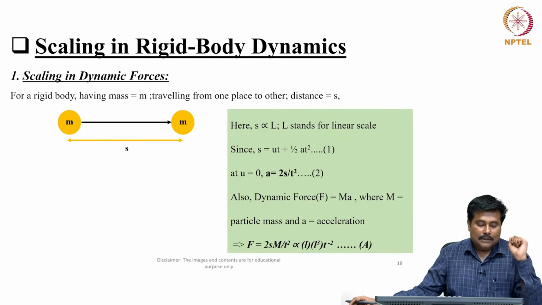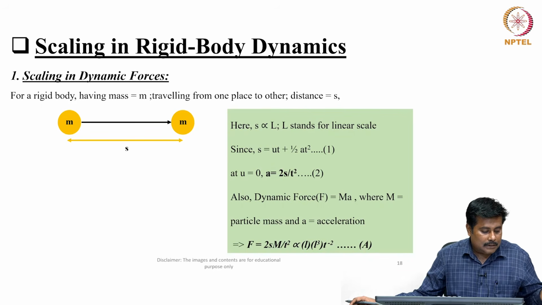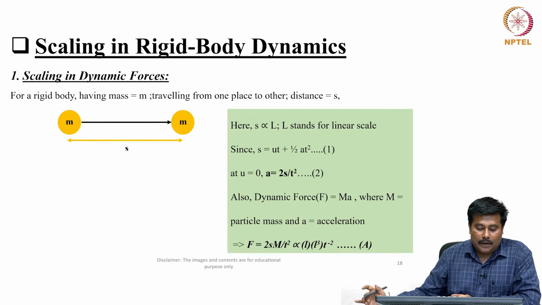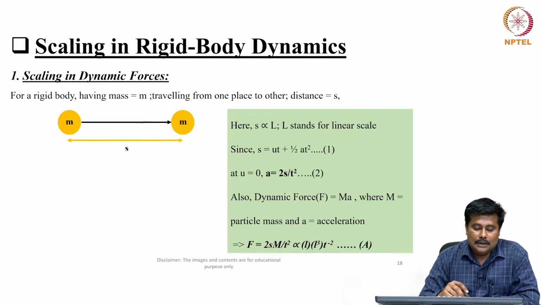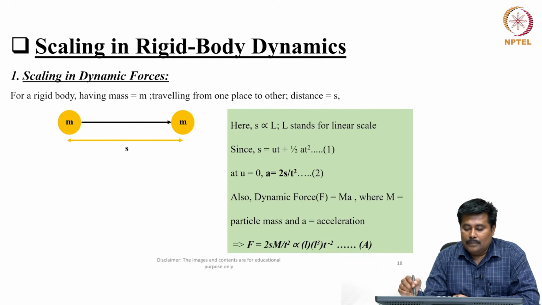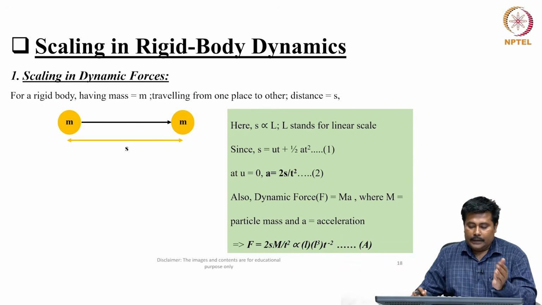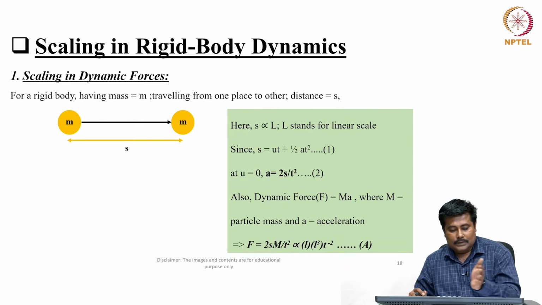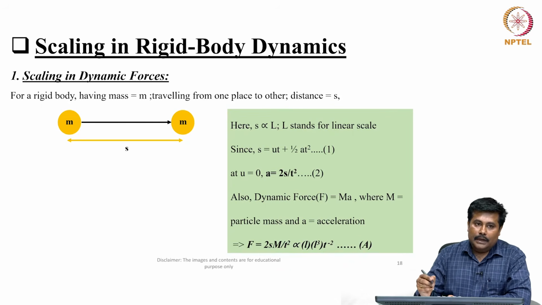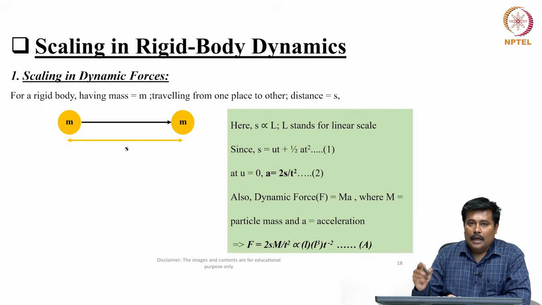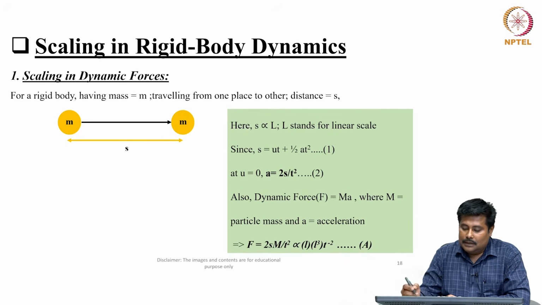Now, let us discuss the scaling laws in rigid body dynamics. Let us consider a rigid body having a mass m traveling from one place to another at a distance s. So, s is directly proportional to L, where L stands for the linear scale.